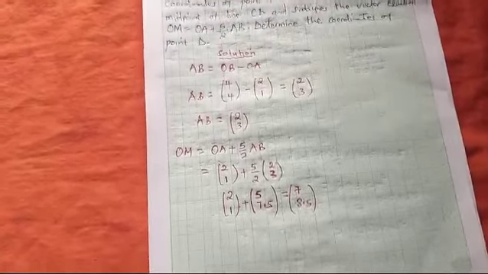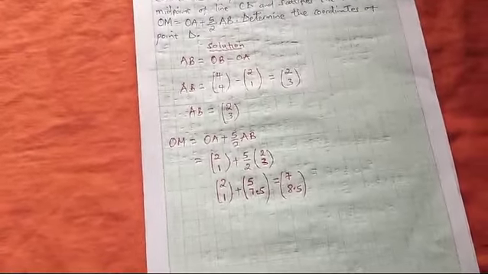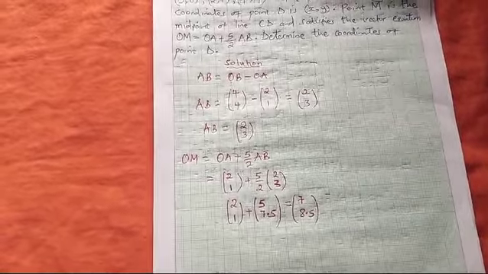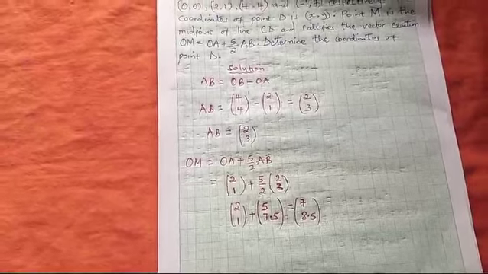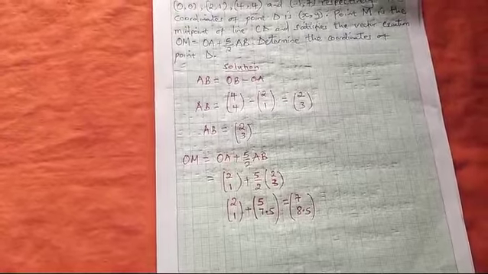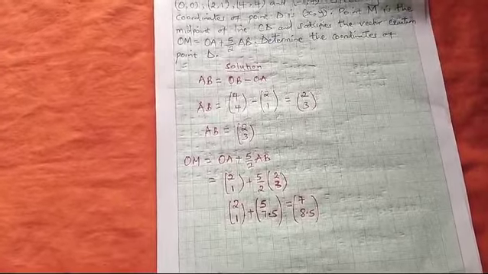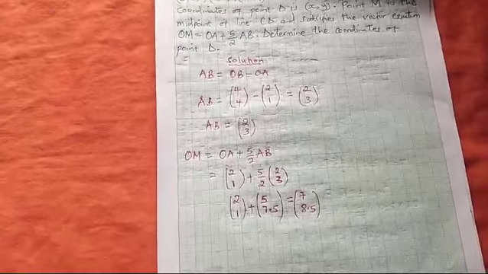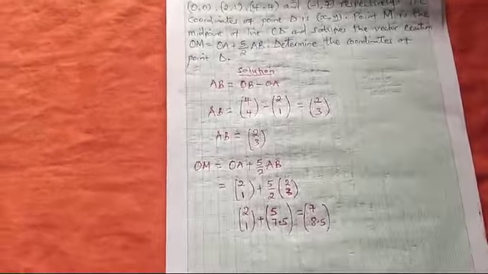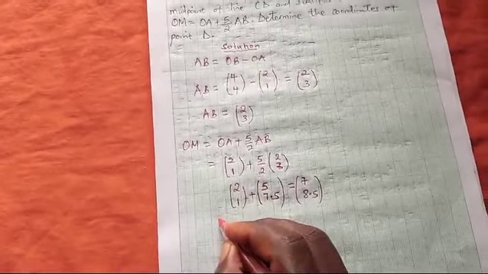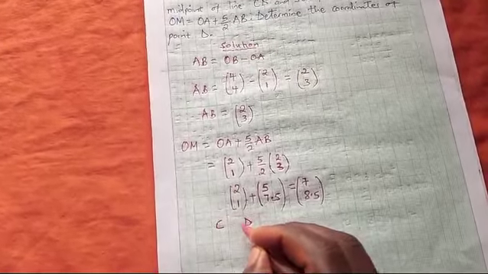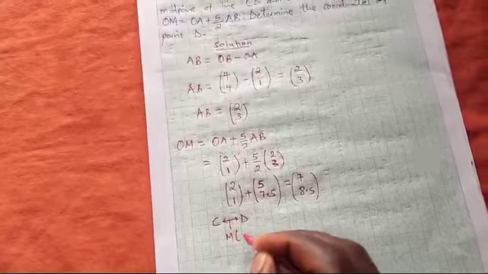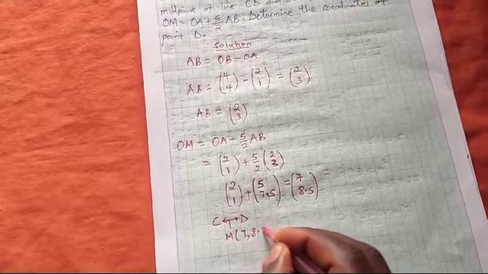And this is our midpoint. Our midpoint is given by (7, 8.5). That is the coordinate for the midpoint. Let us proceed. We are supposed to determine the coordinates of point D. So let us assume that this is C and this is D, with the midpoint here given by (7, 8.5).